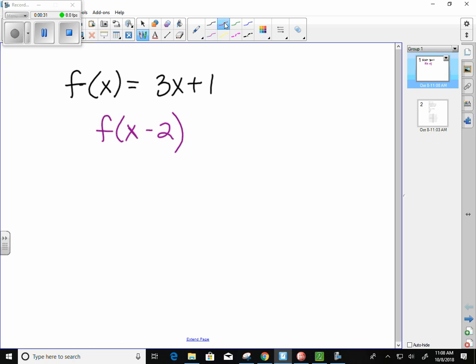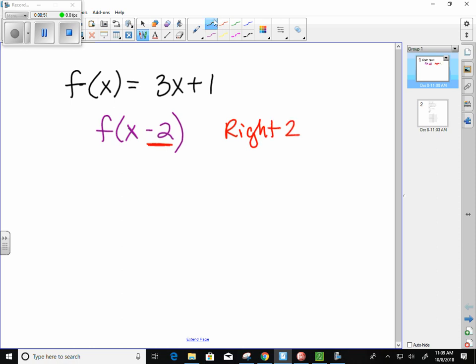Well, remember, this means we are subtracting 2 from the input, and so if you subtract 2 from the input, what that does to the original graph is it moves it to the right 2.